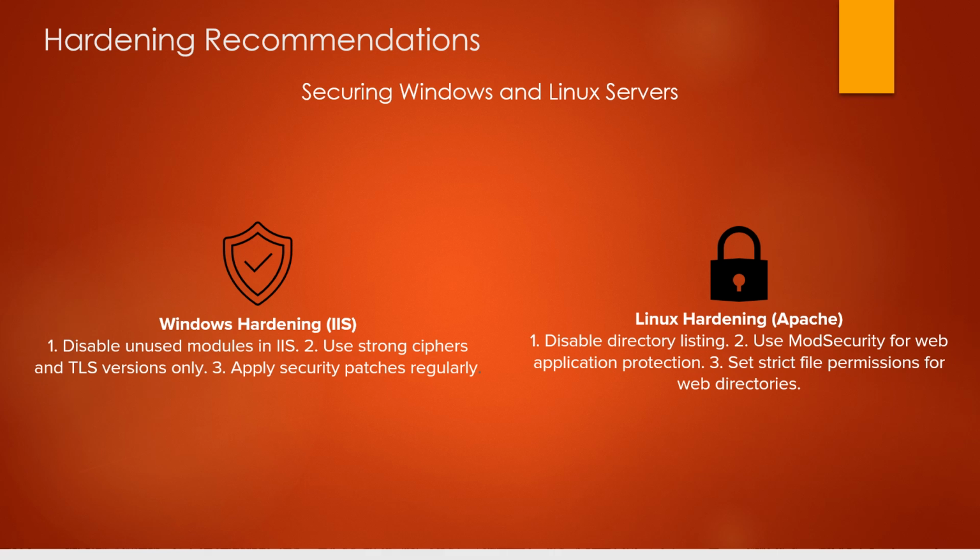With Linux, using Apache, disabling directory listing ensures that sensitive files are not exposed to the public. It basically just creates a barrier between those files and the public-facing server. Also, implementing mod_security adds another layer of protection by detecting and preventing web attacks, while strict file permissions on web directories ensure that unauthorized users cannot modify important files.